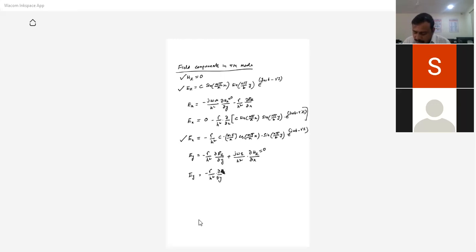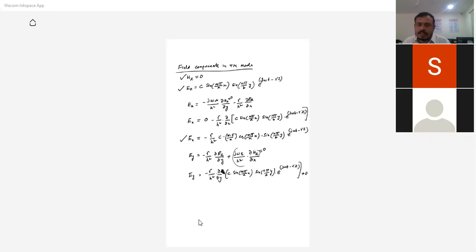Now what is the Ez component? Ez is c into sine m pi by a into x, sine n pi by b into y, into e power j omega t minus gamma z, plus this term, which is 0.